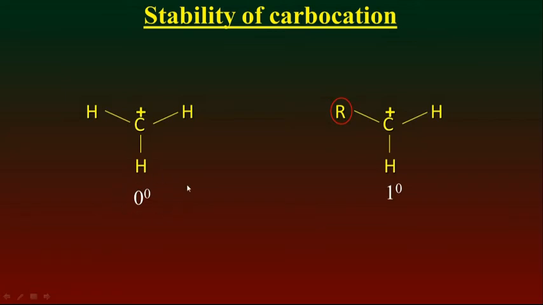So 0 degree carbocation is less stable than 1 degree carbocation, because 0 degree carbocation is in an incomplete octet state when compared with 1 degree carbocation.